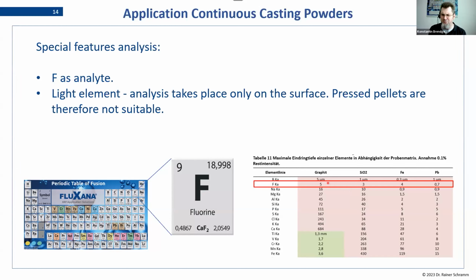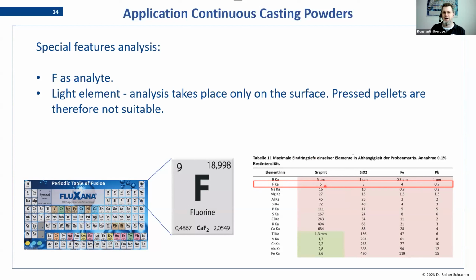I think in English they call it the critical depth of analysis. We call it saturation depth. It's basically, if you look at an elemental line, a fluorescence line, the question is, how far do we look into the sample? What depth of the sample does our fluorescence come from that we analyze?